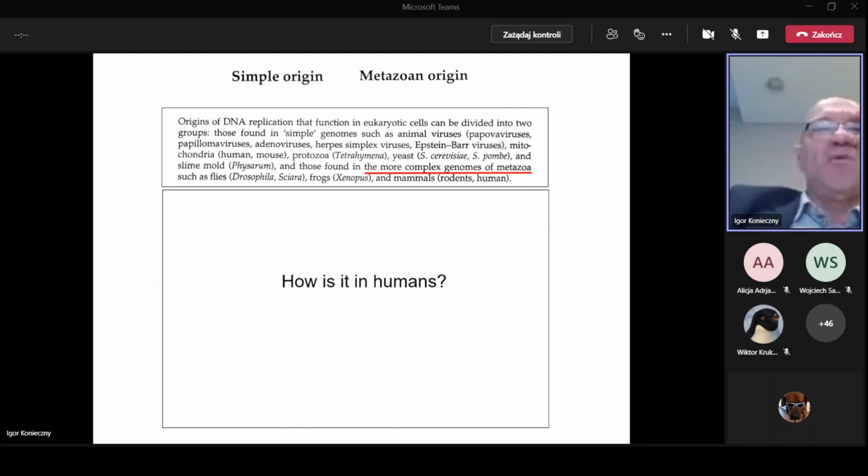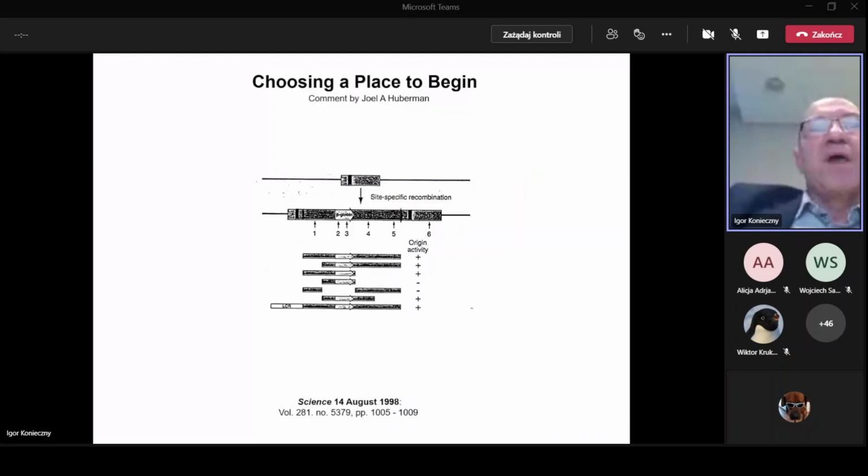Finally, it was characterized in 1998, in a paper published in Science magazine, which demonstrated that in humans we also have specific sites for replication initiation.